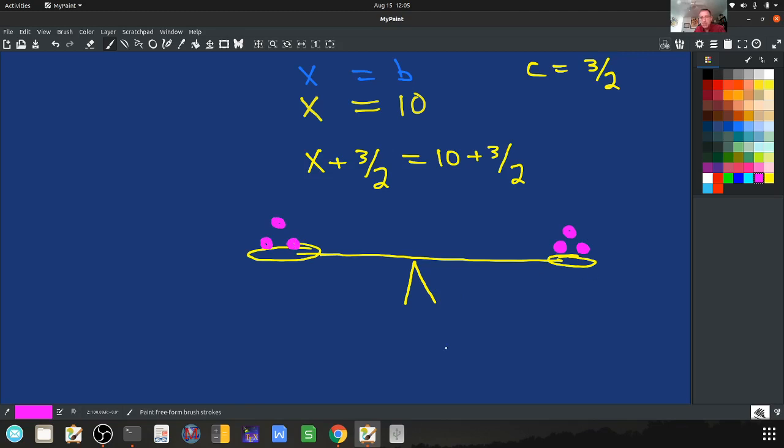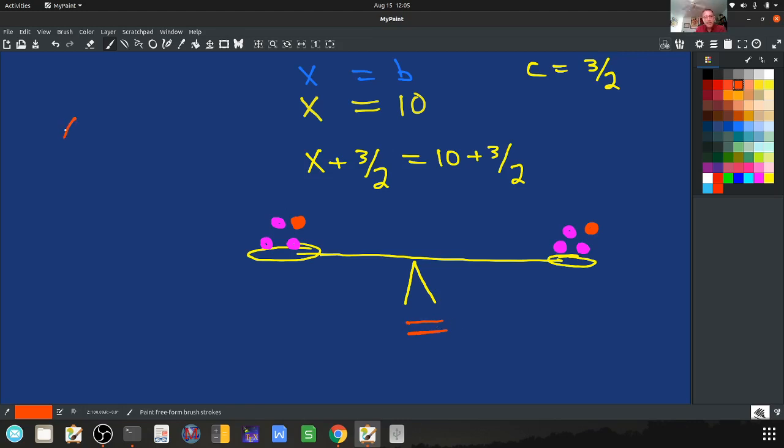So their weight is equal. It's balanced. So if I add another marble to this side, to maintain the balance, I have to add the exact same marble onto the other. And what we want to do is make sure that our equality holds.